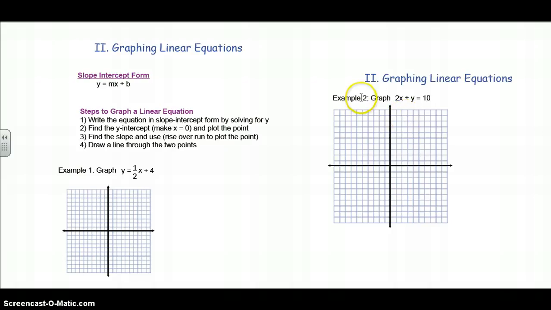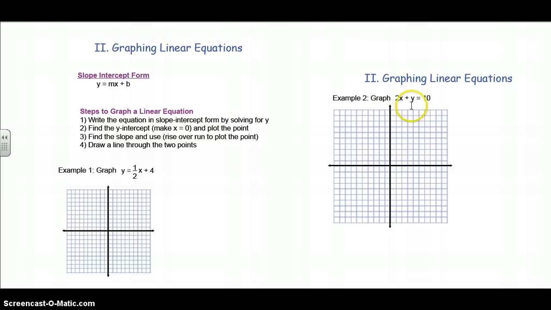So we have graph 2x plus y equals 10. Remember, we have to write the equation in slope-intercept form by solving for y. So that means we have to subtract 2x from both sides. So y equals 10 minus 2x. But since we want it in mx plus b, we'll rewrite it as y equals negative 2x plus 10.